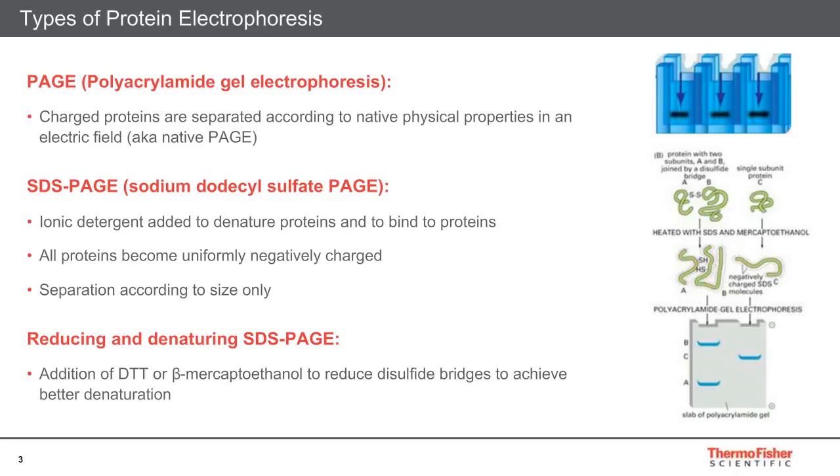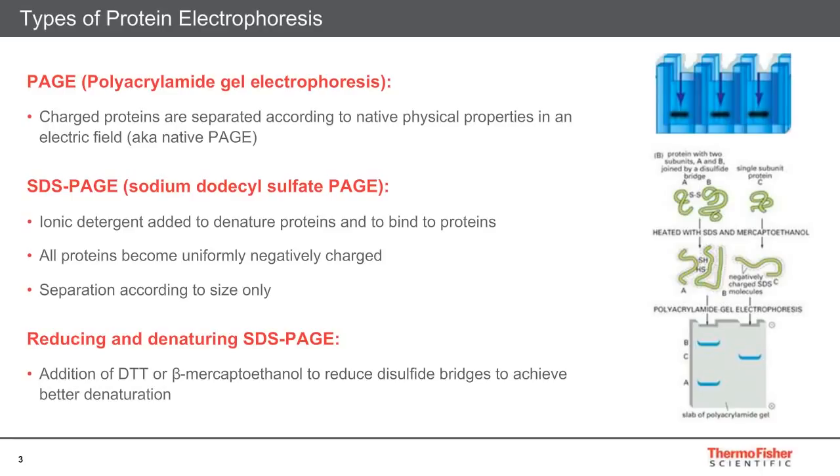As shown in the schematic to the right, the SDS detergent in presence of reducing agent can separate the two subunits of a protein that are held together by disulfide bond. Reducing agents like DTT or beta-mercaptoethanol can reduce disulfide bridges to achieve better denaturation.